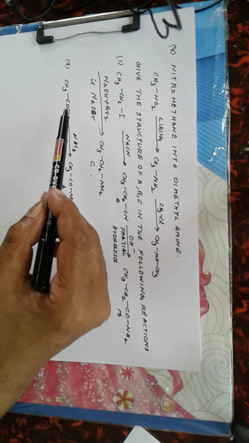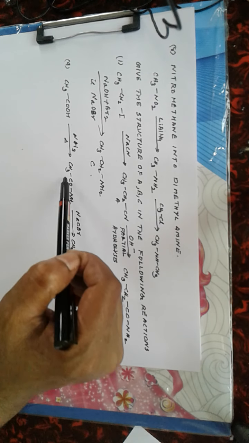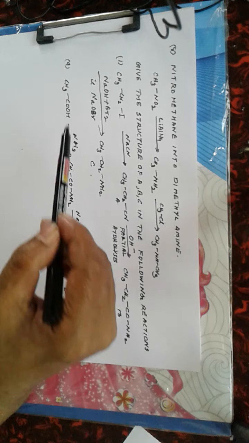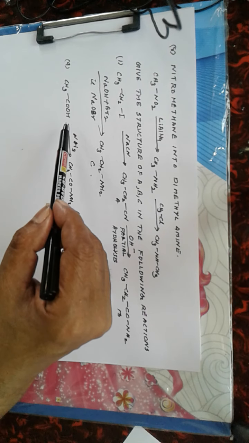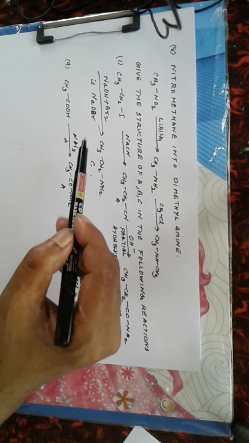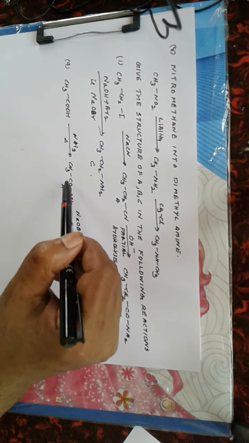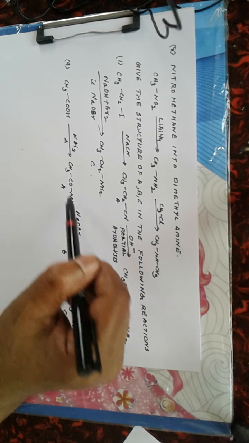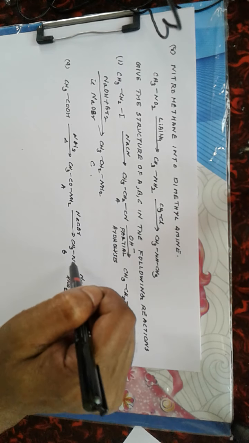Now 9. CH3COOH with ammonia, heating, we get CH3CONH2, that is amide. So ammonium acetate, the ammonium salt of the acid, on strong heating eliminates water, producing the amide, compound A. With NaOBr, CO is removed along with O as a molecule of carbon dioxide. CH3 and NH2 directly combine, we get methylamine.